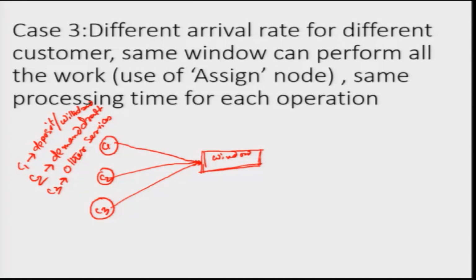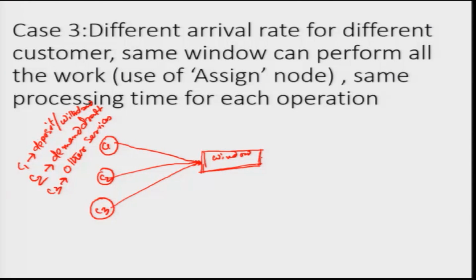But the problem, as we said in the previous cases as well, is that demand draft making requires two processes. One is done at the window, and the second requires the draft to go to the manager for a signature.